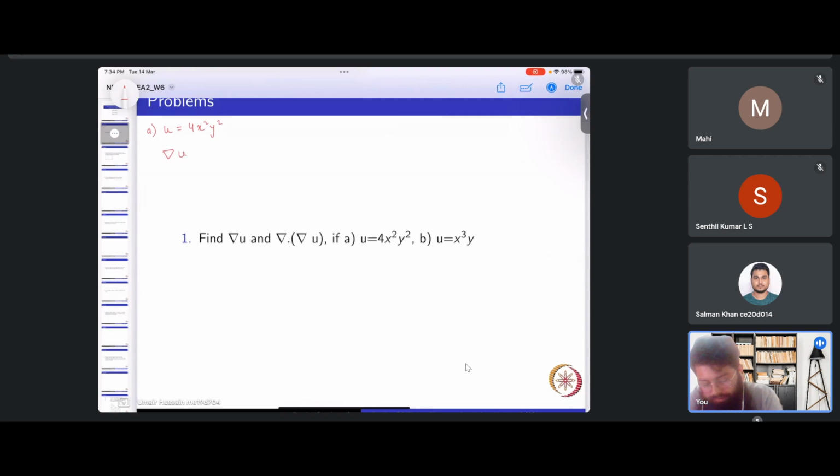Can someone answer this? How do we find the gradient? Firstly, what does this operator mean? Would someone like to try? Gradient, sir. Yeah, so what does this mean in terms of vector components?